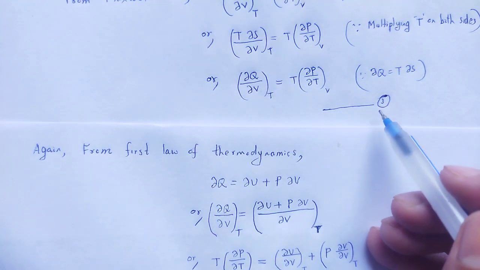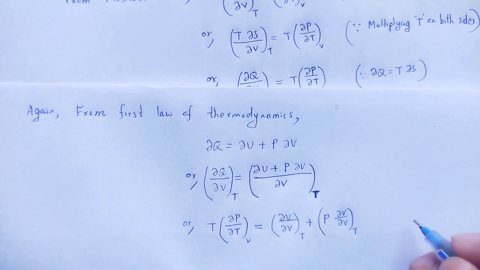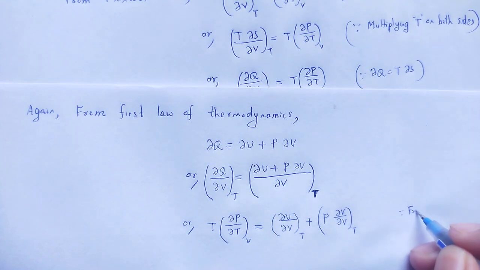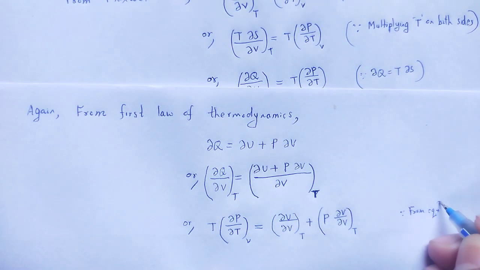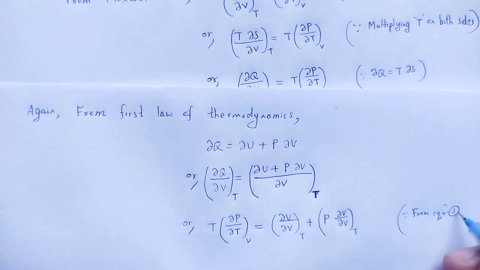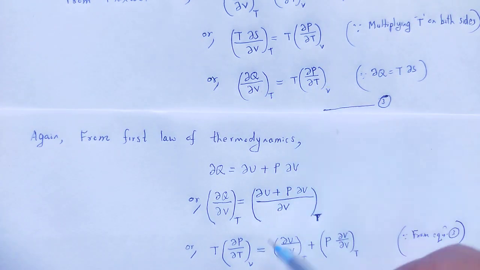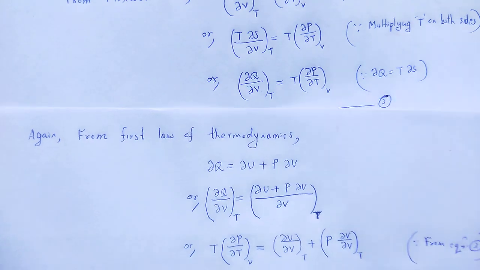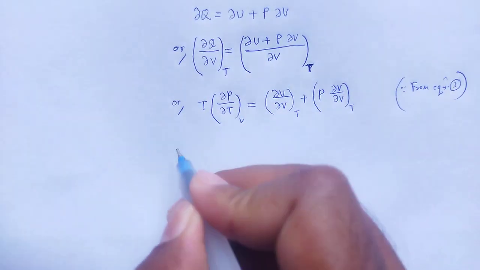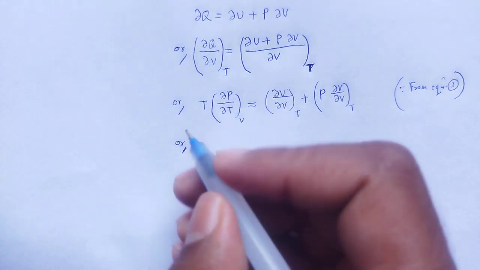That is from equation number 3. We put that value from equation number 3. We have ∂Q/∂V equal to T ∂P/∂T at constant V. Okay. Now it can be simplified.